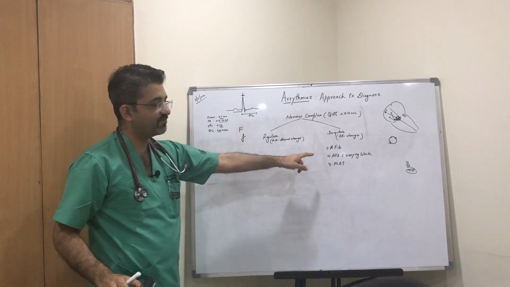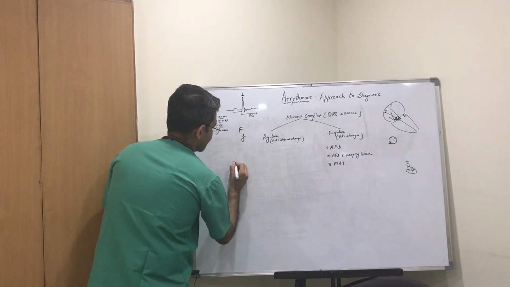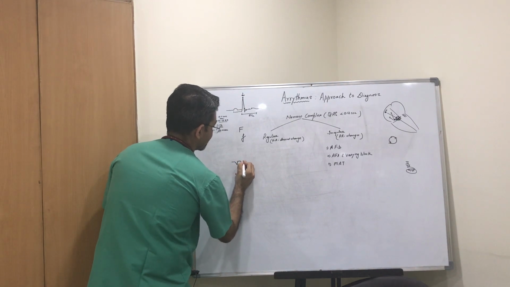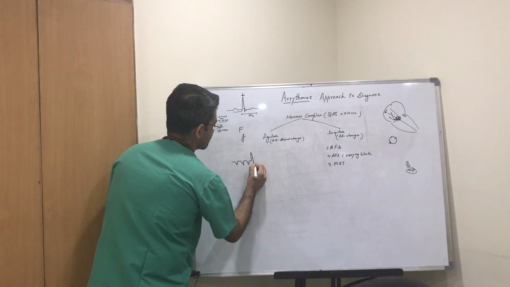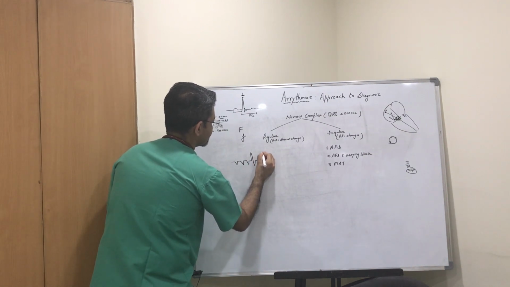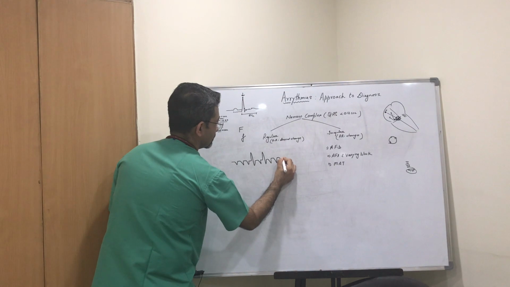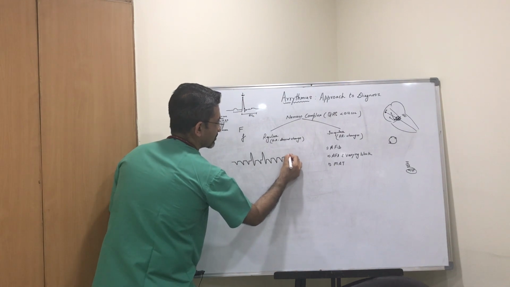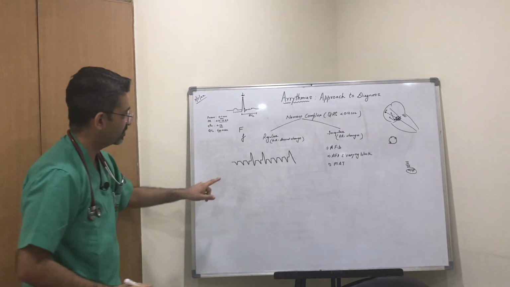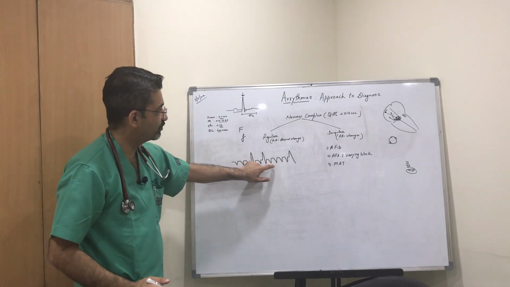Now, you have atrial flutter with varying block. Again, the same thing, that you have a negative sawtooth wave, P wave, then you have a QRS, negative sawtooth wave, then a QRS, negative sawtooth wave, then a QRS. So, here the ratio is 3:1, 1:1, 4:1.